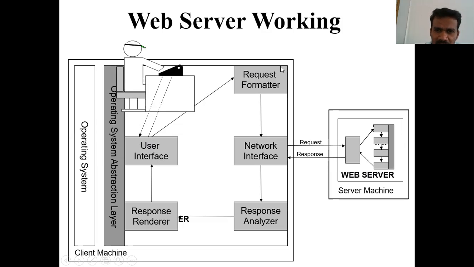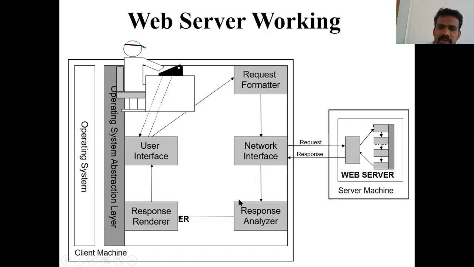That particular format is sent through your network interface card, that is your internet, and it goes to our ISP, the internet service provider. From the service provider, it looks for the web server related to the client request. If there is a particular server which is able to respond, this web server will respond back to your internet service provider, then to your network interface.